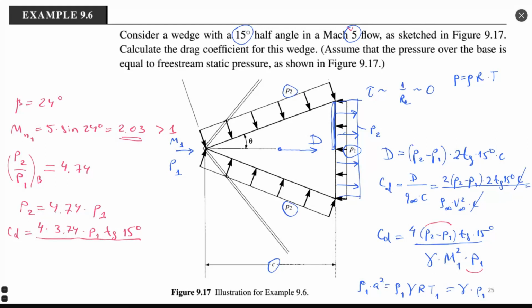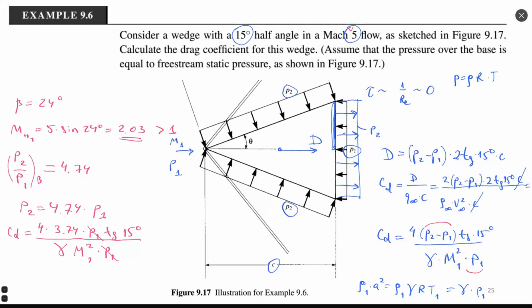If you see some error in my calculation, please let me know, because I can always make a mistake, like any of us. Okay, I cancel P1 from the upper and lower side.